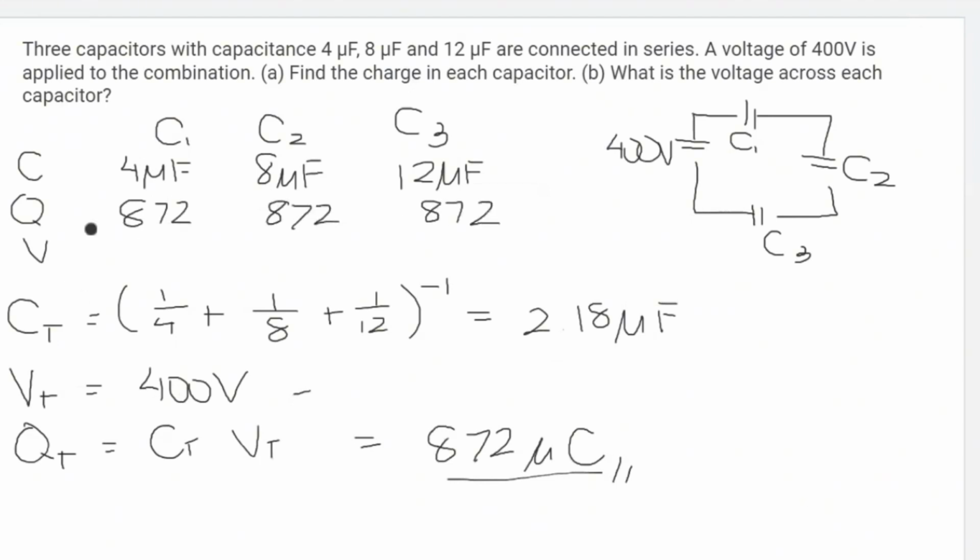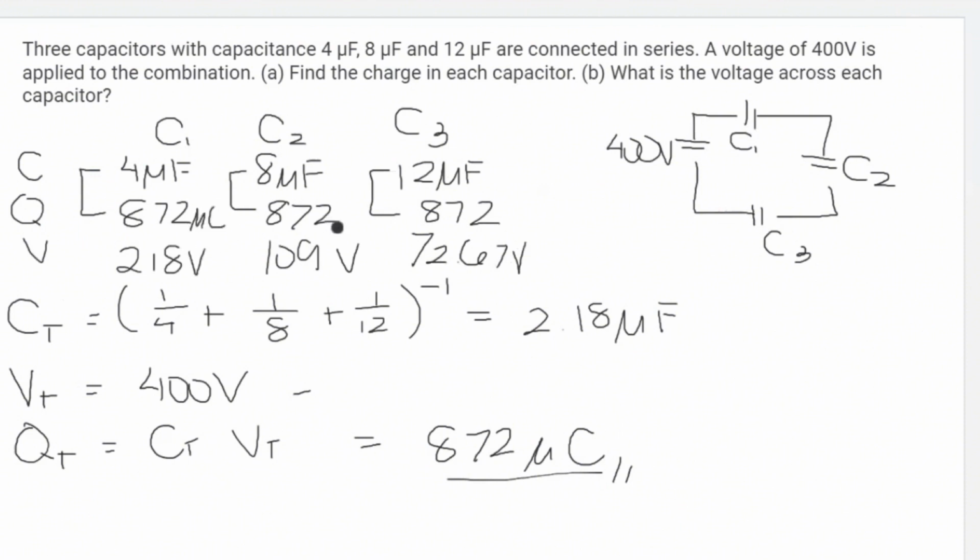And now we don't have to solve manually for the voltage, as we can already just divide based on our table. So our answer for C1 is 218, for C2 it's 109, and for C3 it's 72.67 volts. And this is microcoulomb.